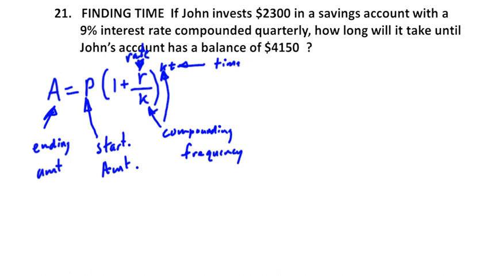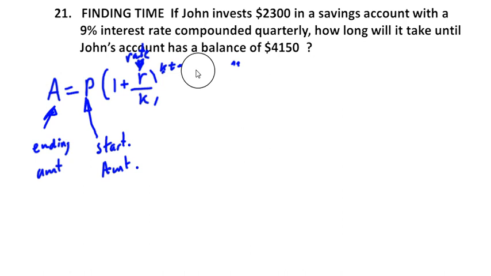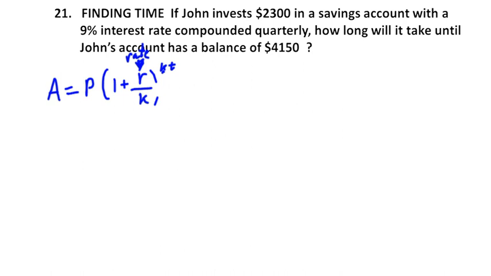So let's go ahead and apply this formula. Now, applying this formula, if John invests $2,300, so we're going to start with $2,300, and our finishing amount is going to be $4,150, and our formula is going to be 1 plus our rate, and our rate's going to be 9%.